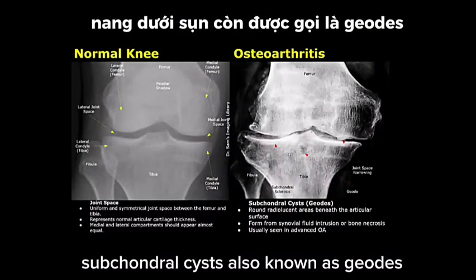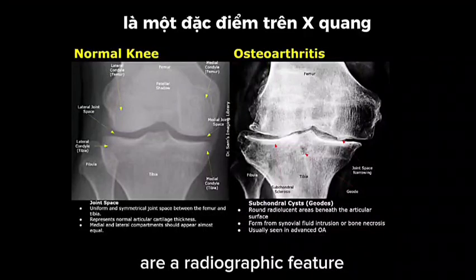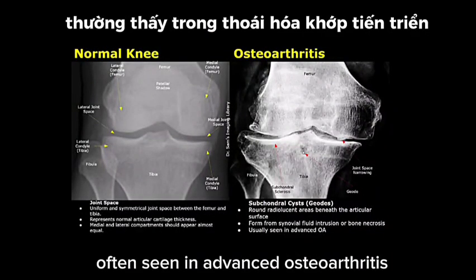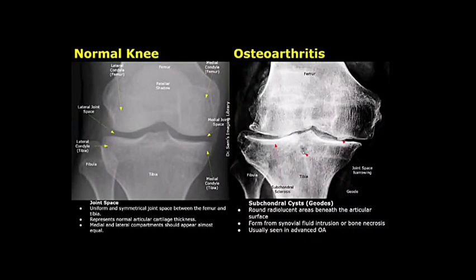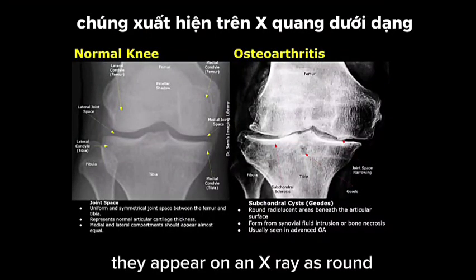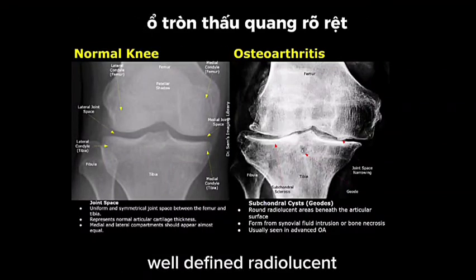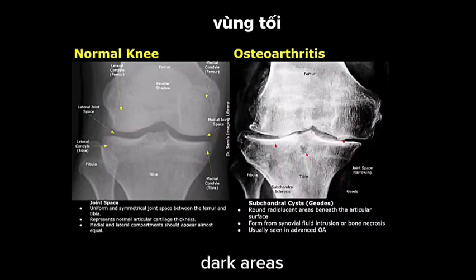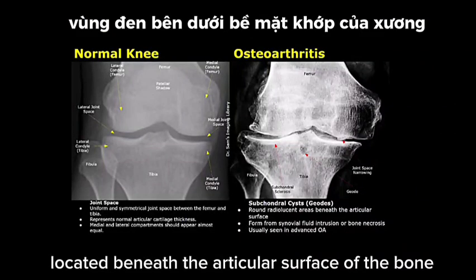Subchondral cysts, also known as geodes, are a radiographic feature often seen in advanced osteoarthritis. They appear on an X-ray as round, well-defined radiolucent, dark areas located beneath the articular surface of the bone.